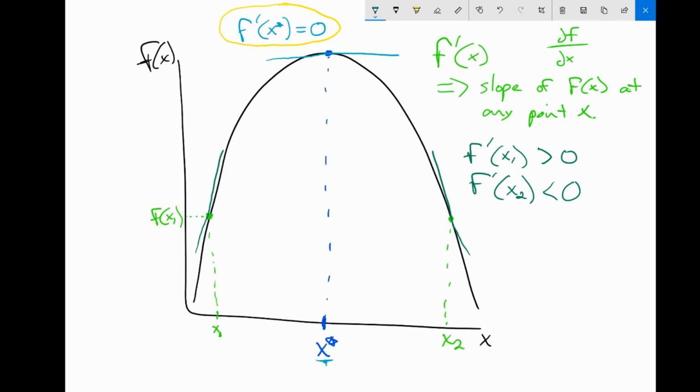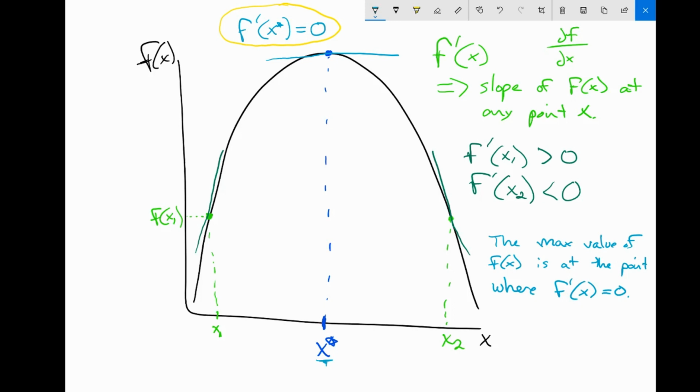All right, so the max value of f of x is at the point where f prime of x is equal to 0. All right, so here's a really important point.